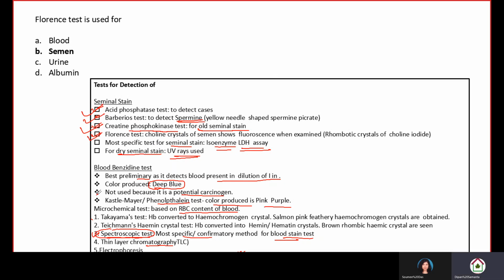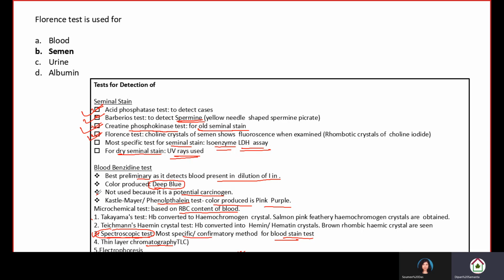Now the point is, all four options are used for detection of seminal stain, but only one can be used for old seminal stain.